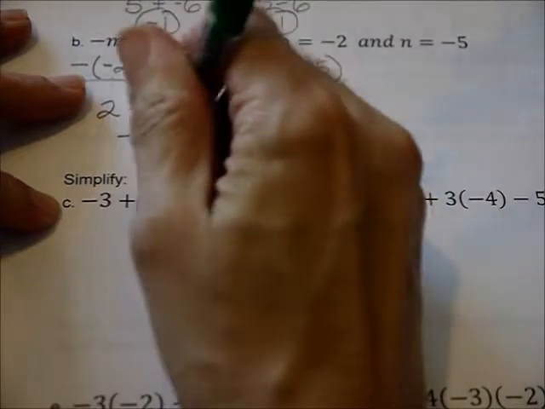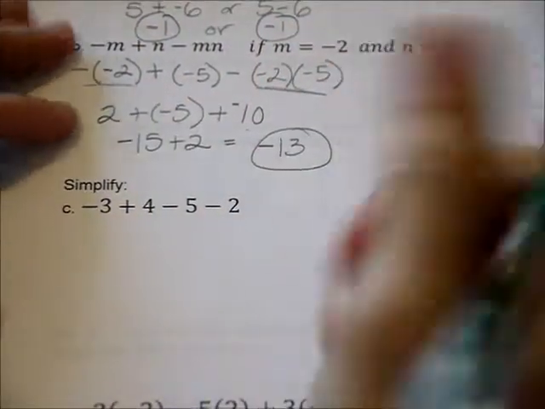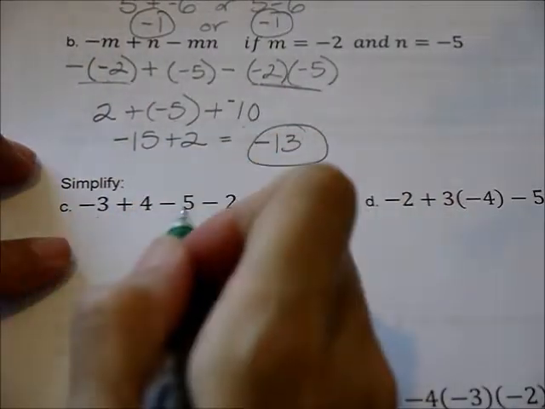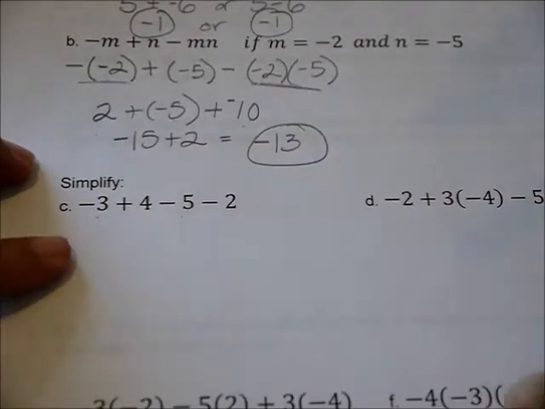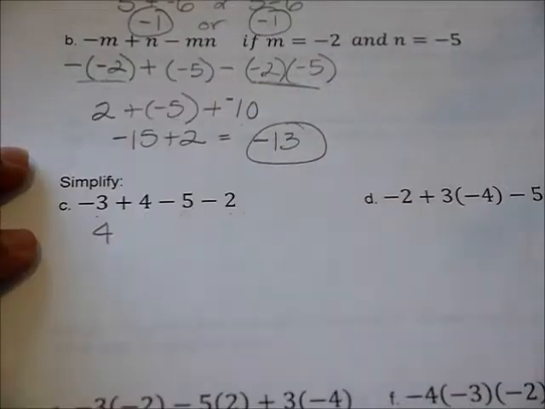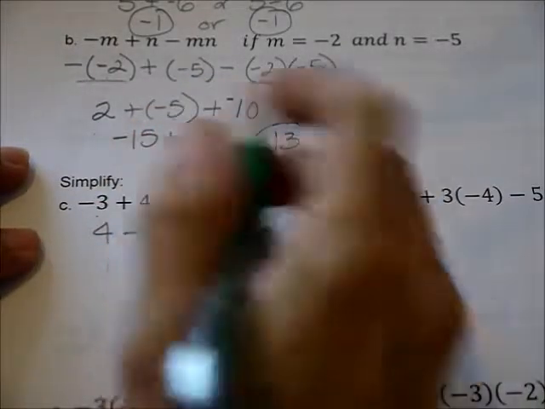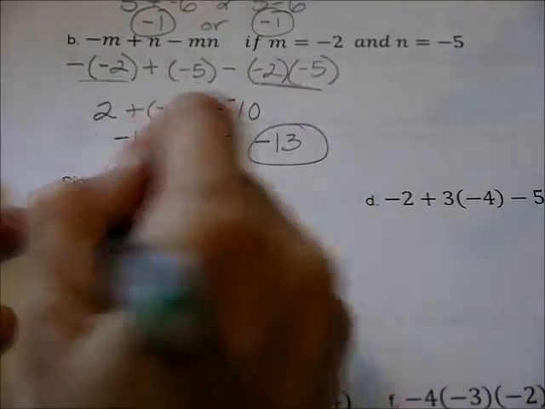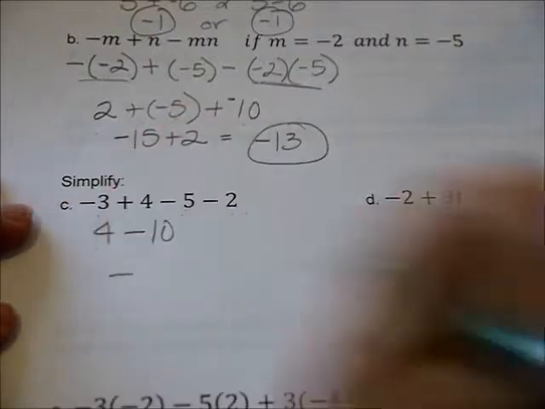If you didn't, so let's say some of you have that on your paper, I'm just kind of helping you get a little stronger. So I have -3 plus -5 plus -2. Okay, so those three are negative. 4 is going to wait and play at the end. So we have -10, 3 plus 5 plus 2. Okay, so now we have 4 plus -10. -10 wins the sign game.